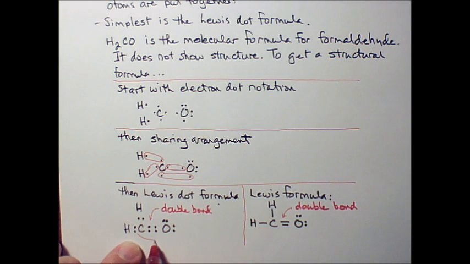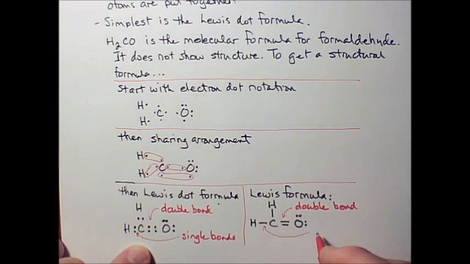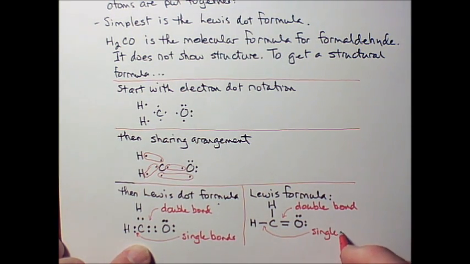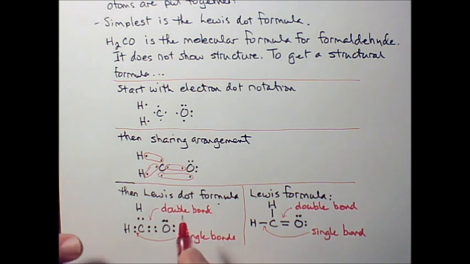These single sets of shared electrons are single bonds. So this single line here is a single bond. And the pairs of electrons that are not shared between two atoms, we simply call a lone pair.